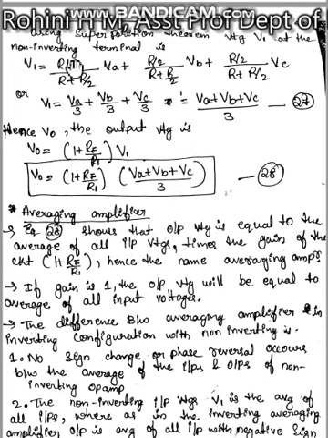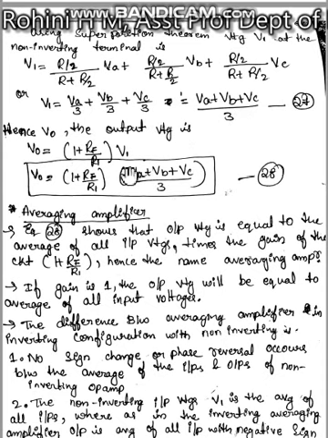If we solve this, multiply numerator and denominator by 2, what will it be? R divided by 2R plus R. Then again R and R cancel. What is remaining? Only 3. So we write V1 is equal to Va by 3 plus Vb by 3 plus Vc by 3, which is equal to Va plus Vb plus Vc divided by 3.